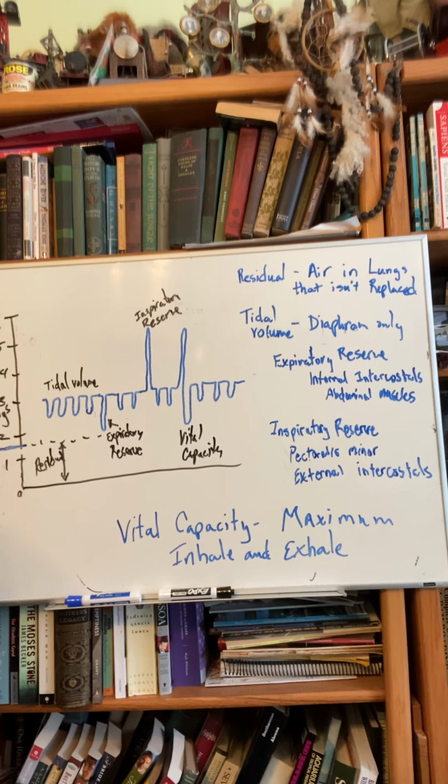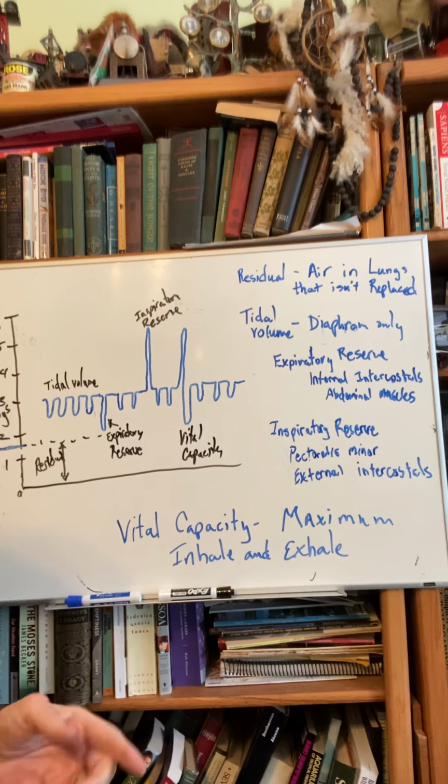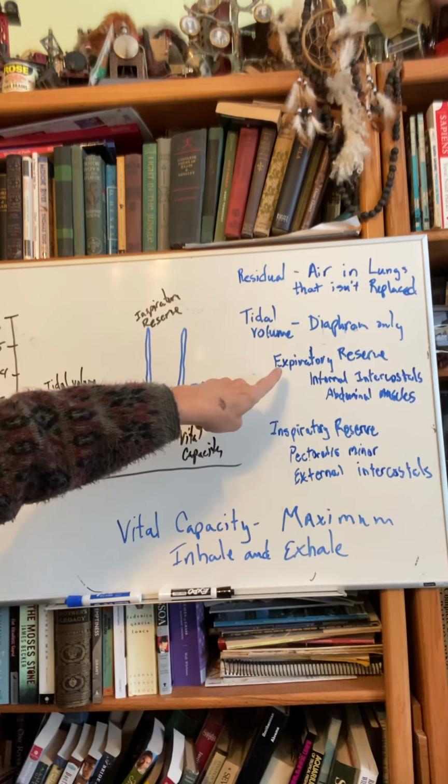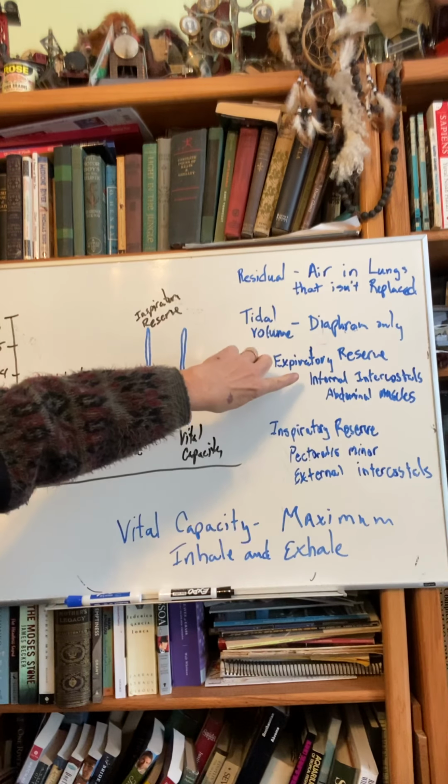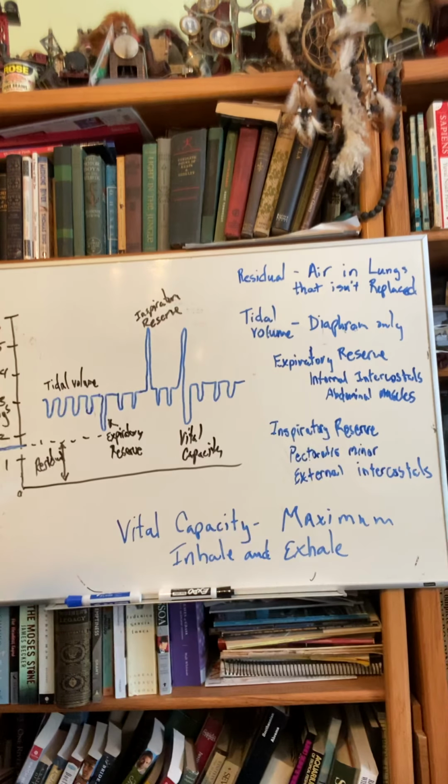So you have exhaled, but then by compressing your abdomen and pulling your thoracic cage down, you exhale even more. The expiratory reserve volume is the amount of air you can exhale more if you pull in those muscles. So expiratory reserve: internal intercostals and abdominal muscles.